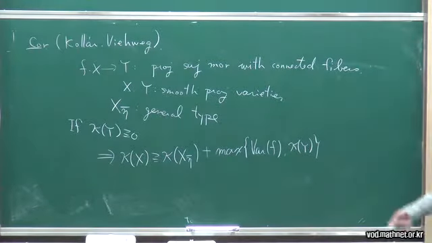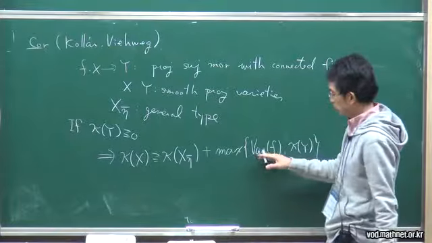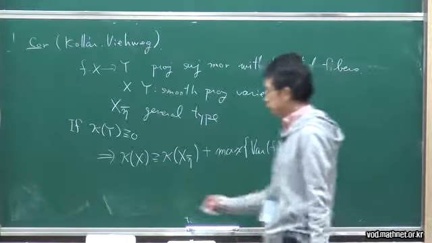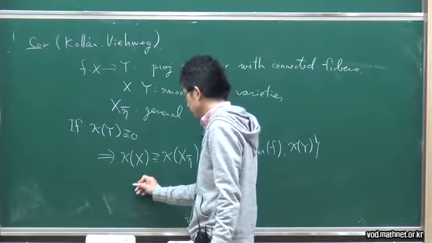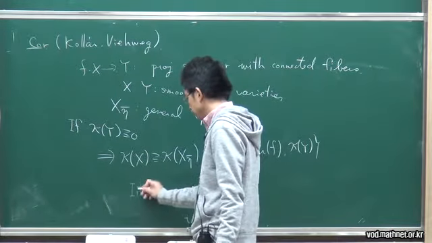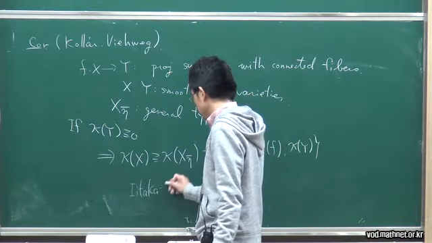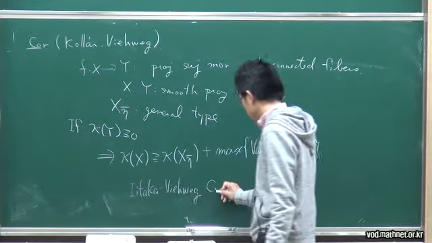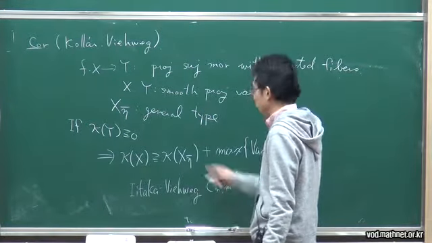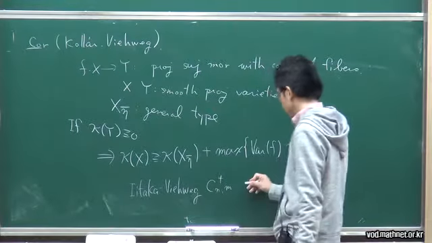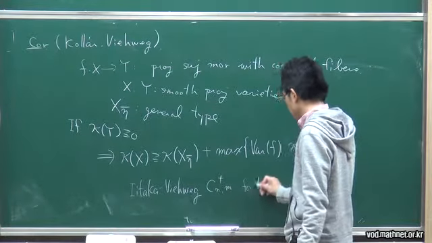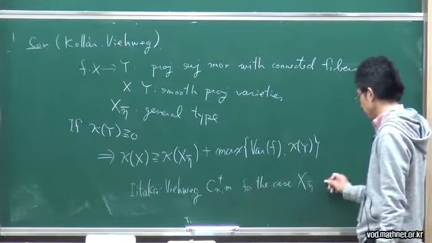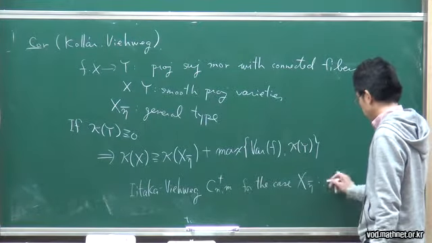Okay, sorry, I didn't explain this invariant, but it is an answer to the Iitaka–Viehweg conjecture, the Viehweg C_{n,m} plus conjecture, for the case where the geometric generic fiber is of general type.